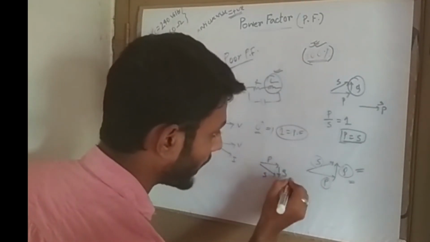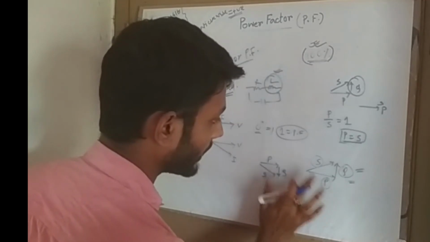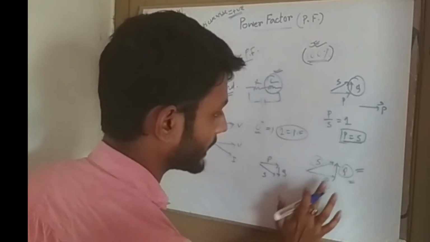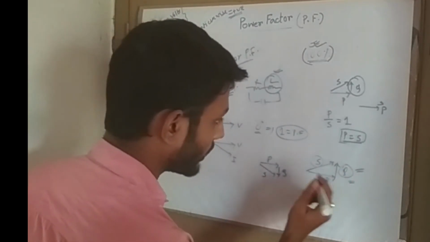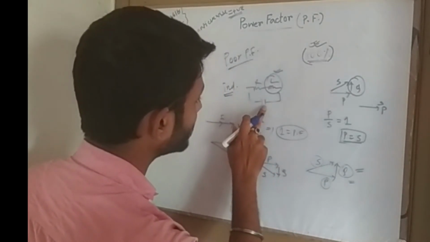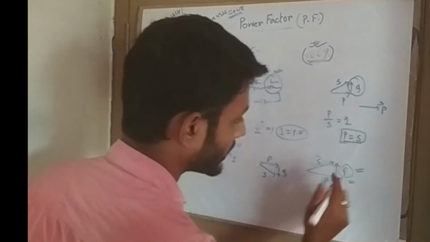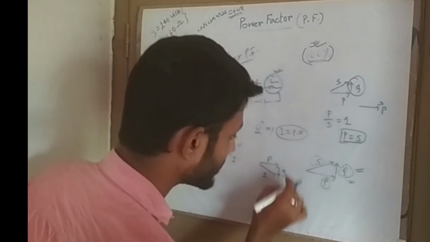Then the P and S value depend upon this P and Q value. So if we put this capacitor across this load, then the QC value is downward.